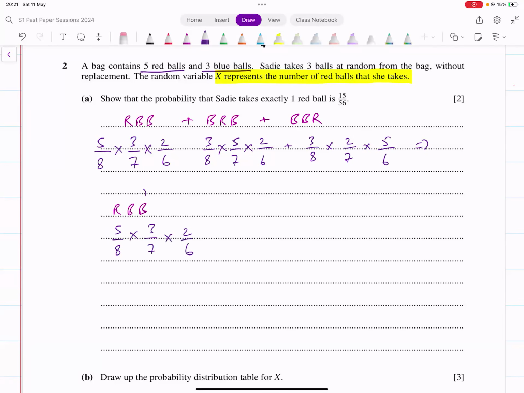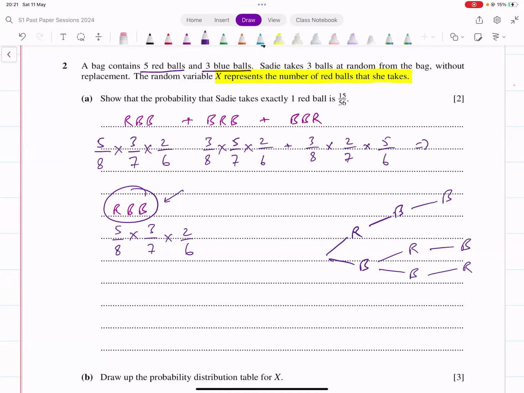And then you think about in how many ways can you arrange this? So on a tree diagram, you would have red, blue, blue. That is one possibility. That gives you 1 red and 2 blue. And another possibility would be that you have blue, and then red, and then blue. Another possibility would be that you have blue, and then blue, and then red.